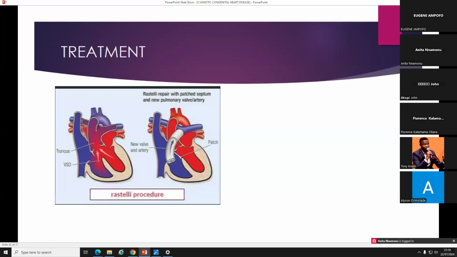Yeah, so that's what happens in cyanotic congenital heart diseases. Especially, for example, if there is a right ventricular outflow tract obstruction, blood cannot flow through the right ventricular outflow tract. So because of that sort of pressure difference, blood is then forced, so they do have shunts from the right to the left at the atrial level.